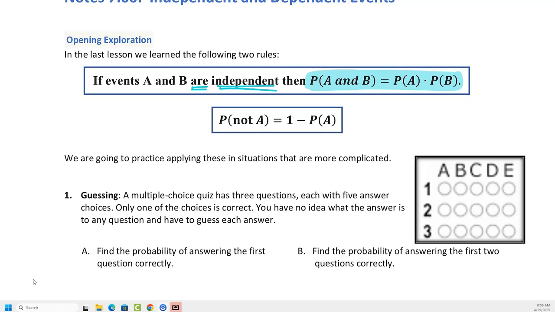And then we also learned the complement rule. They didn't label it that, did they? I'll write it right here.